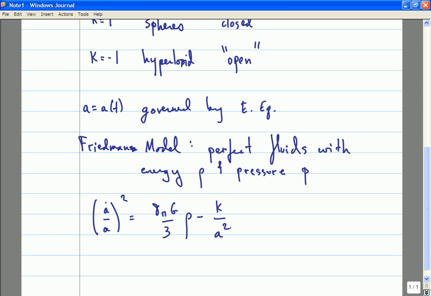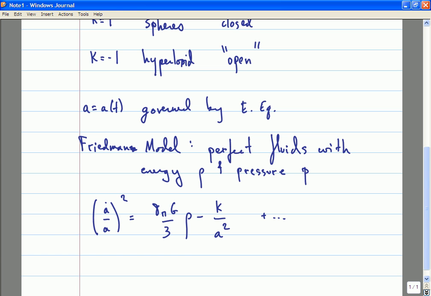For a, this was the spatial component of the Friedmann equations. This is the most important Friedmann equation. And there was also a time component, which was another equation that involved the second derivative of a. So this is the equation that one must solve to determine a as a function of time.